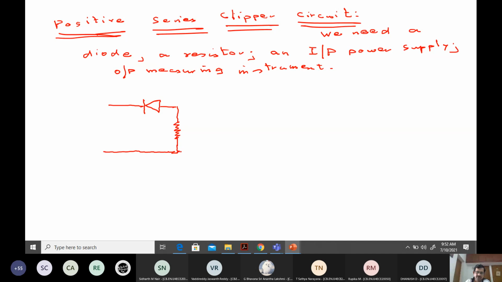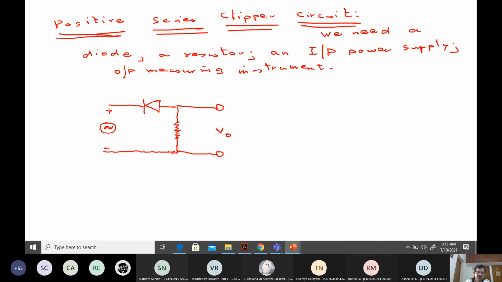This is the circuit. And this is where my output is measured. This is my sinusoidal input signal, which is given by the function generator, and it can generate different types of waveforms of the input signal.